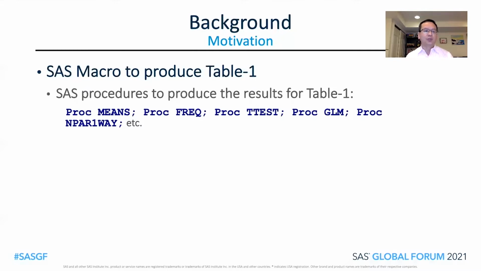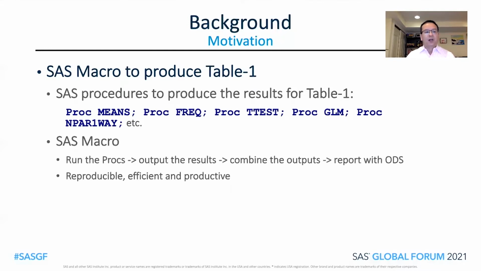And in order to do that, you often run SAS procedures. First, for example, you run proc means and proc freq to get the summary statistics, and proc ttest, proc GLM, or even non-parametric procs to provide the bivariate association p-value. And then from there, you output all results, combine them, and report with ODS.